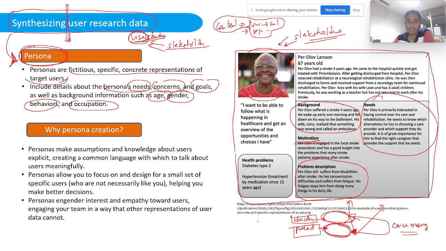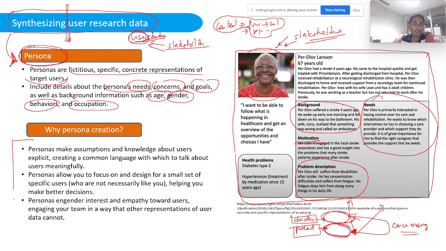Similarly, if we are talking about a doctor, then we should have a doctor's face here, and that doctor should represent the scenario where we conducted the user study, and it should discuss all the information which represents that particular clinician or doctor.